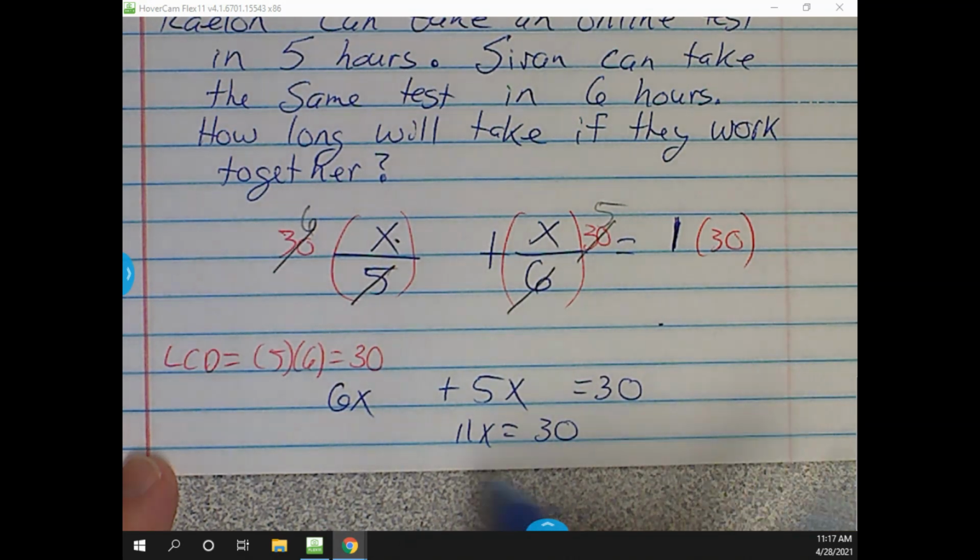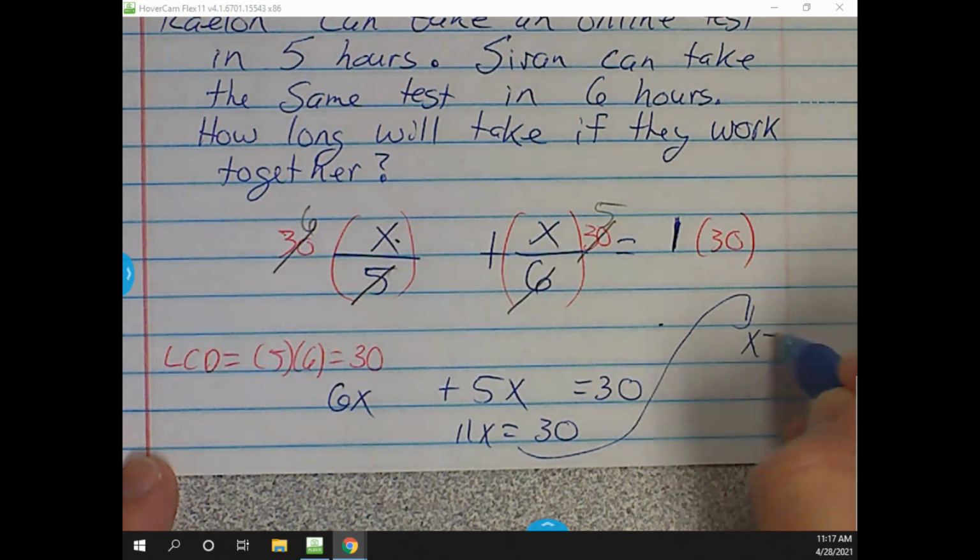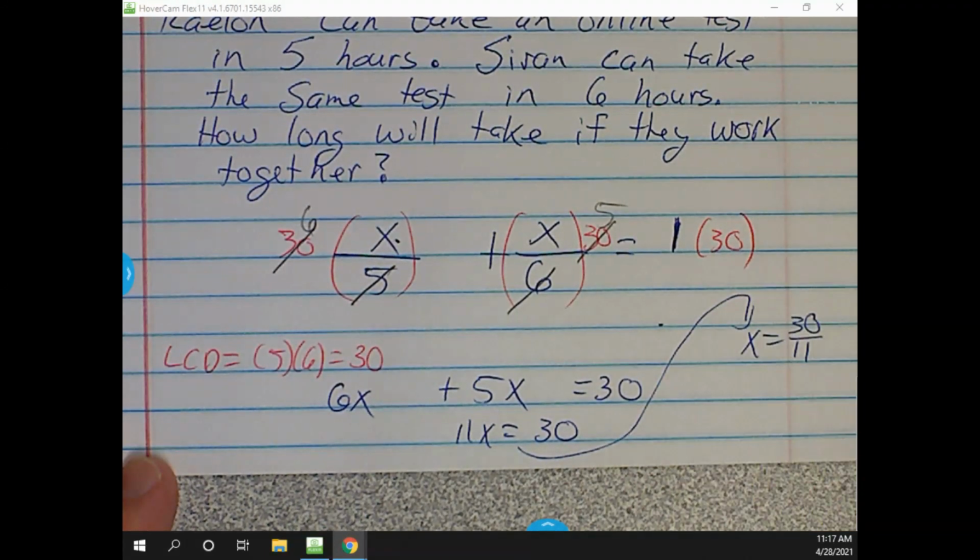To get the answer, we divide by 11. I don't know exactly what that is; it's 2 point something. If we round it off to one decimal place, that's about 2.7.